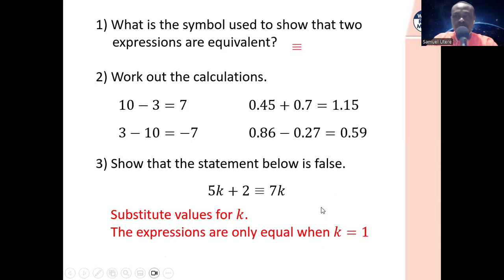So you could have substituted maybe 2, 3 or 4, just to prove it wrong that 5k plus 2 is not equivalent to 7k. By now, I hope you still remember how to do substitution. If not, you can go back and watch the video on substitution.